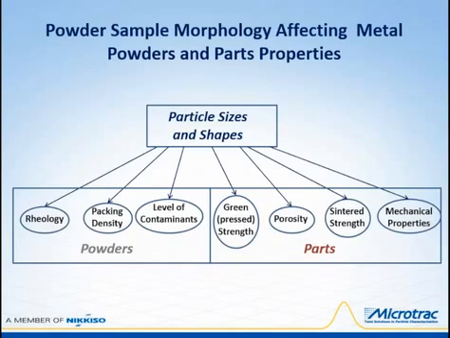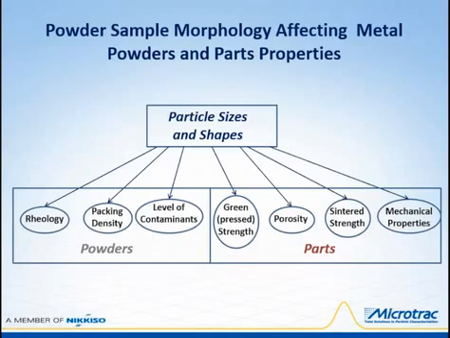Level of contaminants affects quality of all types of parts, but is especially important in the laser melting process because of the very thin layer by layer melting technique and the consistent spherical shape required. Green strength of parts.